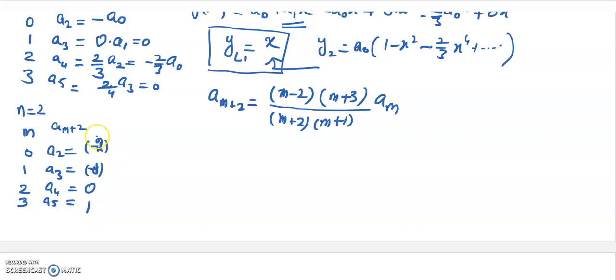Okay, this is the first coefficient. The second coefficient will be 3, 4, 5, 6, right?